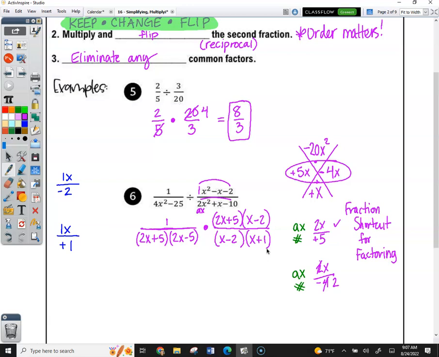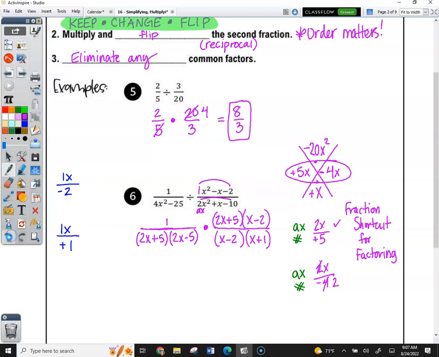Okay, so we kept it, we changed it, we flipped it, and then I showed you a shortcut in factoring. If you don't like the fraction method, then you don't have to use it. You would have to do an aside, I call it an aside note, of factoring by grouping and then put it back into the problem.